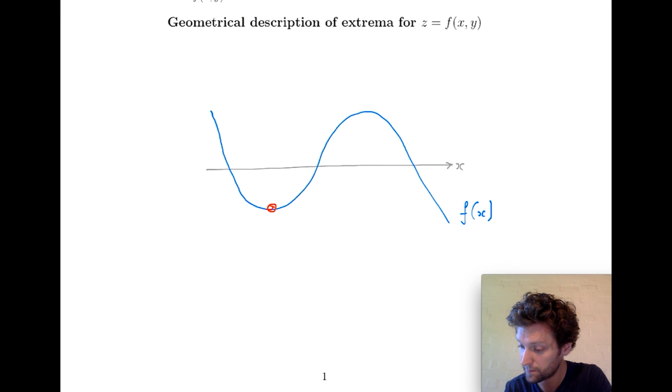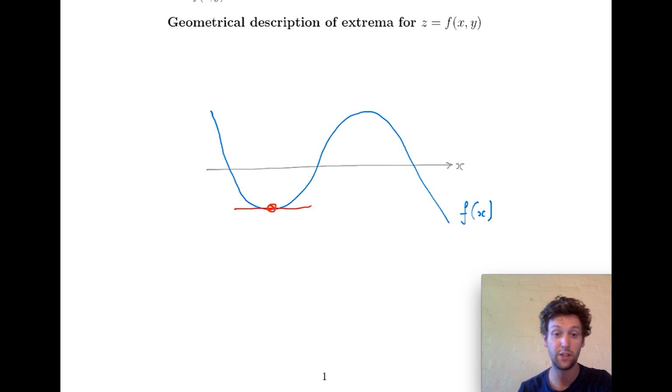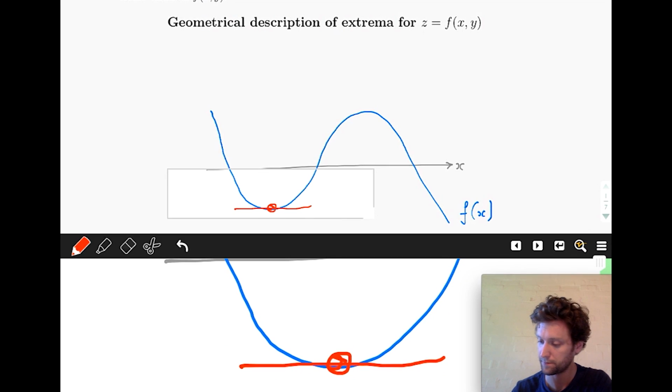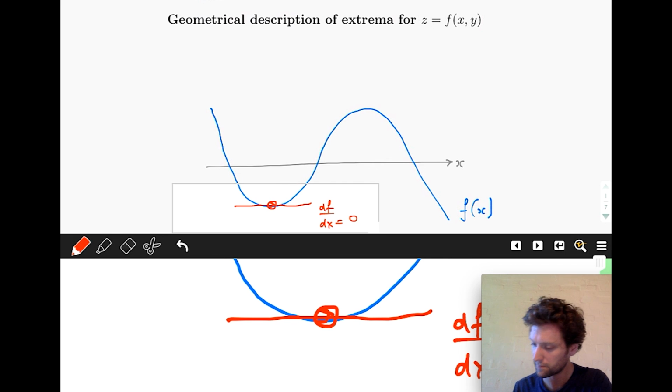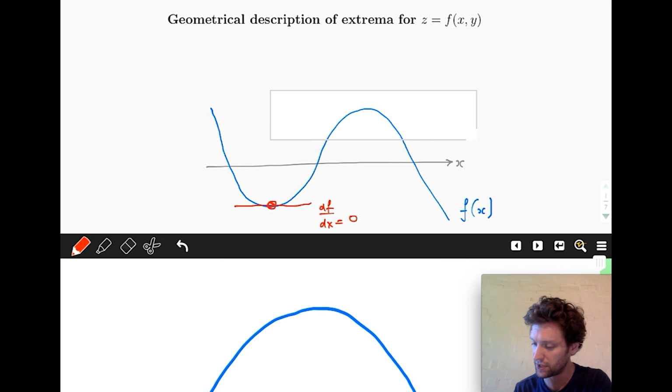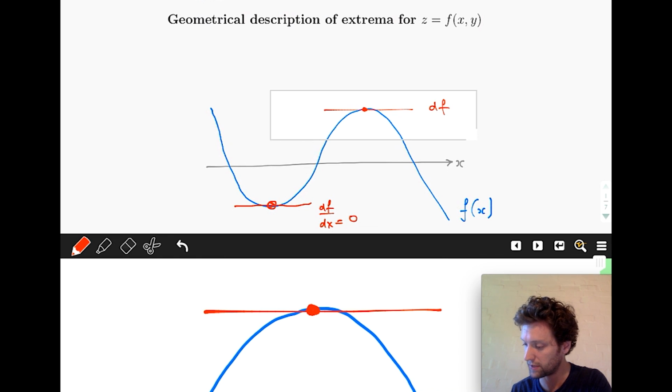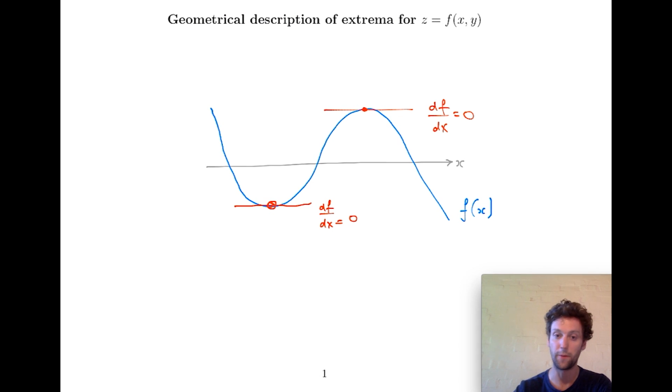So at this point here, the function is neither increasing nor decreasing. We know that this is going to be a stationary point or a critical point. And likewise, this point here is also going to be a stationary point or a critical point because the derivative of this function at that point is equal to 0.